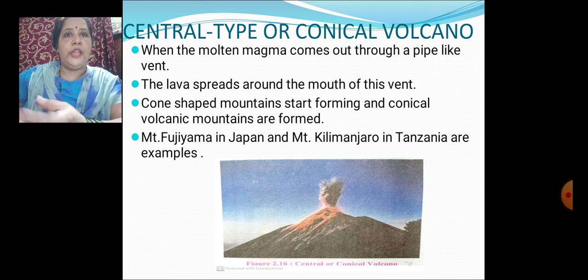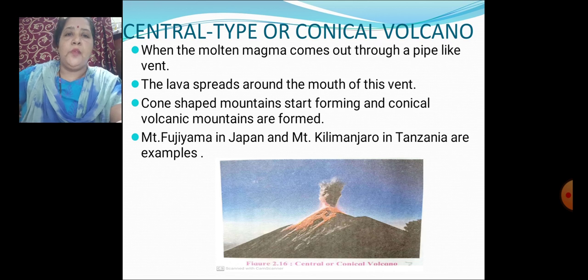When it is coming out, it is spreading around the vent, and because of this spreading, cone-shaped mountains are formed at the mouth of the vent. That is called a conical volcanic mountain.